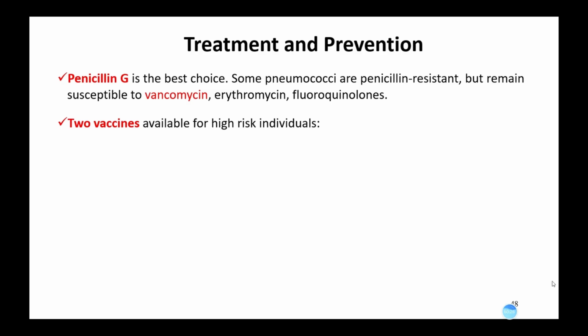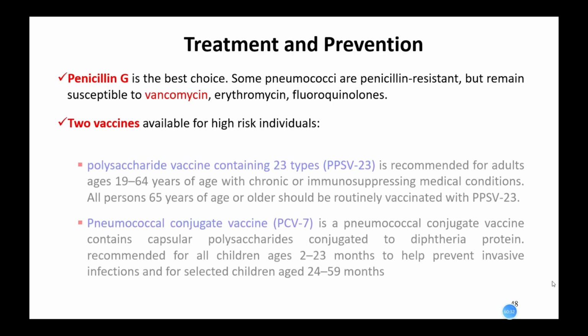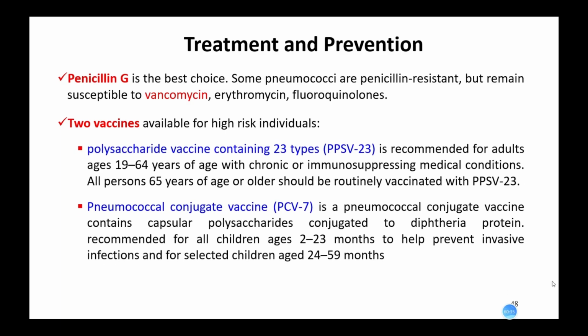We do have vaccines available. There are two types of vaccines. The first type is the polysaccharide vaccine. That's the polysaccharide from the capsule. You combine 23 different types of polysaccharide from the capsule and use that as a vaccine. Another type of vaccine is pneumococcal conjugate vaccine.